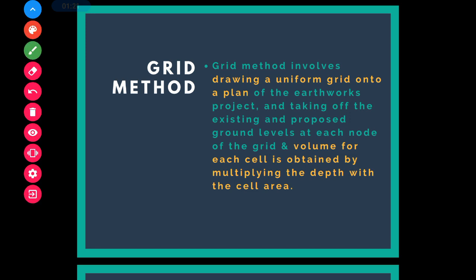So the formula that students need to memorize if they use the grid method is that volume can be obtained by multiplying the depth with the cell area. We are going to apply this equation in a later exercise.